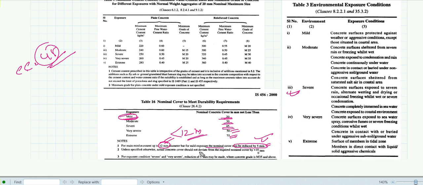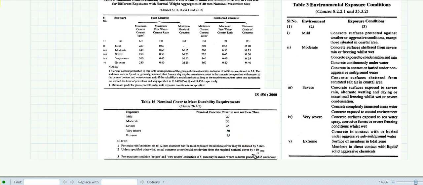Actual concrete cover should not deviate from the required nominal cover by plus 10 to 0. That means you can increase it by 10 from this value, but you cannot reduce it. So it is 0 written here, 10 and 0, you can see here.